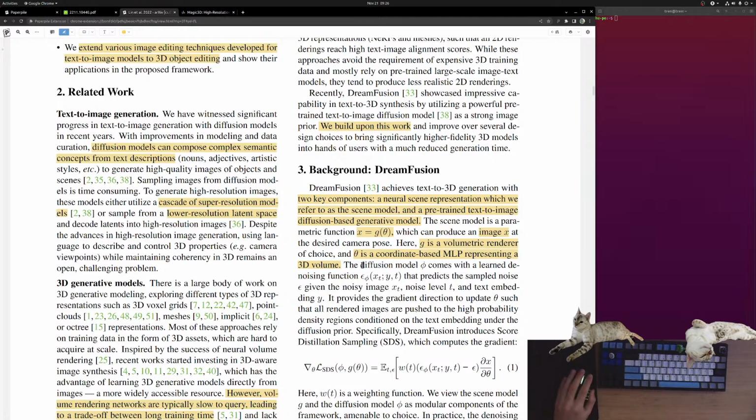The diffusion model, so this is the second key component, right, which is just a 2D diffusion model, comes with a learned denoising function, okay, epsilon-phi of x_t conditioned on y and t, where epsilon is the sampled noise. You have x_t is the noisy image. There's a noise level t, right?